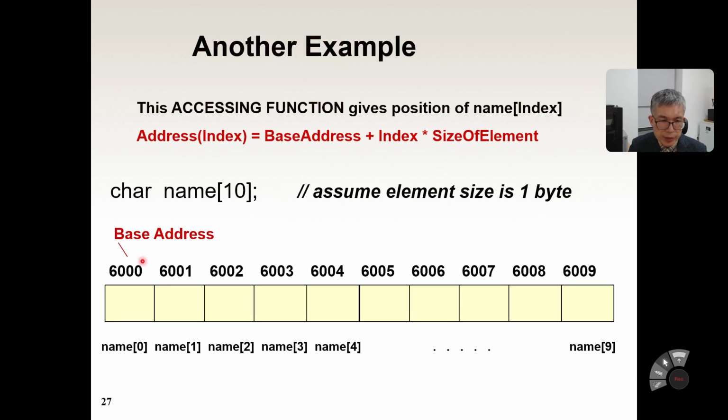So the base address is 6,000. We have 10 items, so 0, 1 up to 9, 10 items. So in the array we can index name 0, name 1, name 2, and so on. Name 9 is the last item of the array name. So each cell can contain one character.